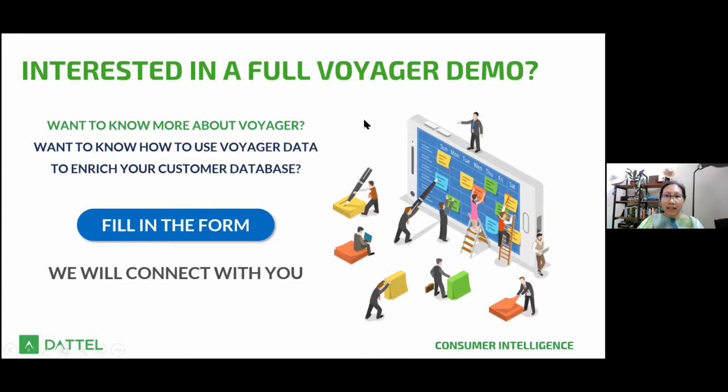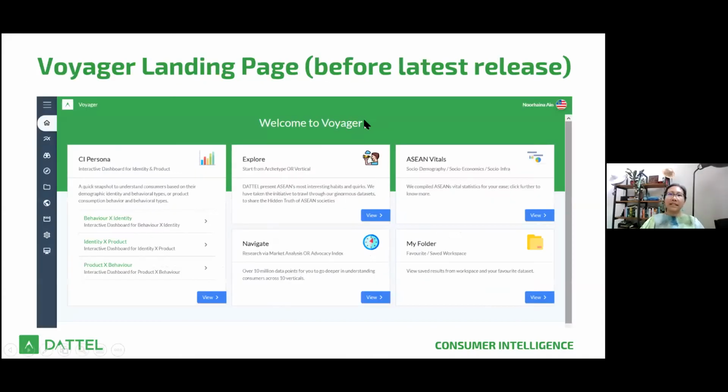The first one that I want to talk about is what you probably would have seen before the latest release. This was the landing page for Voyager that you would have seen prior to the new release.